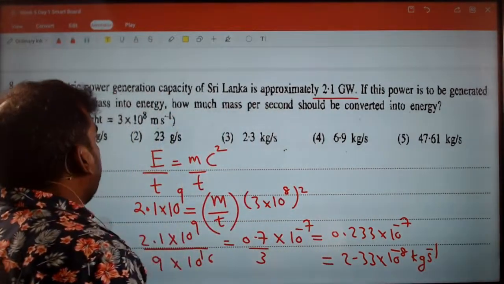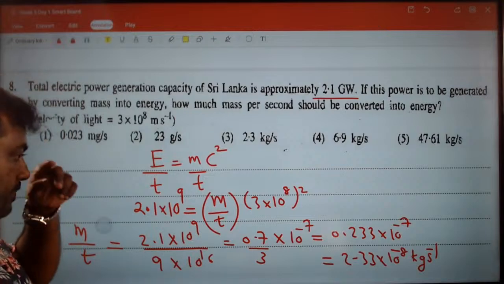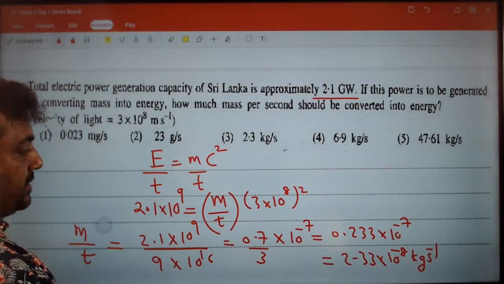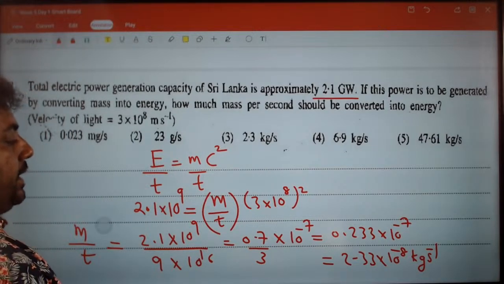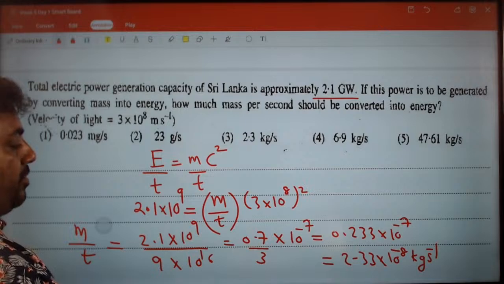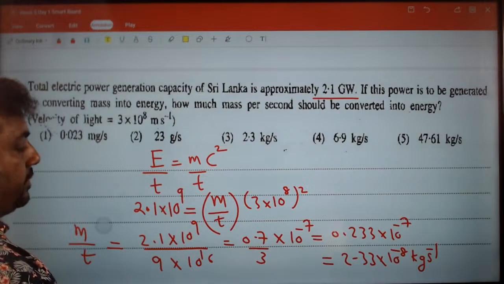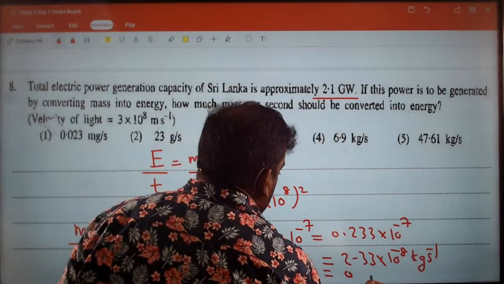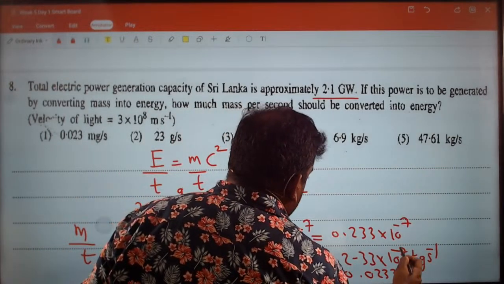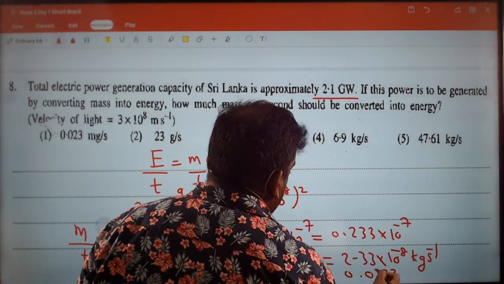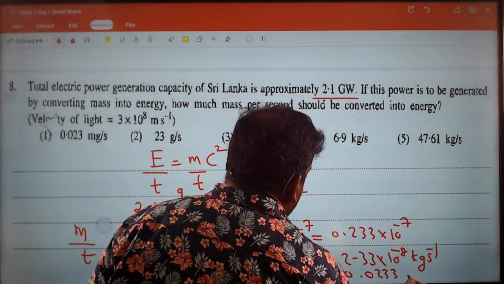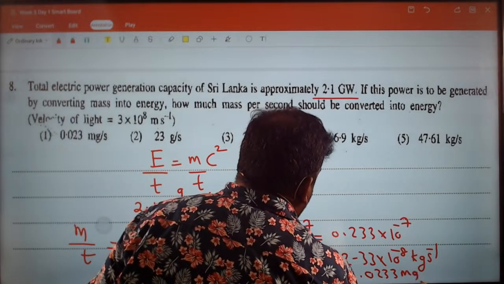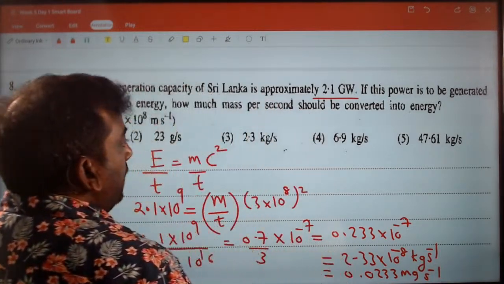If you look at this, kilogram per second is not convenient; 10 to the power 3 there, 10 to the power minus 5. 0.0233 times 10 to the power minus 3, that's milligram per second.